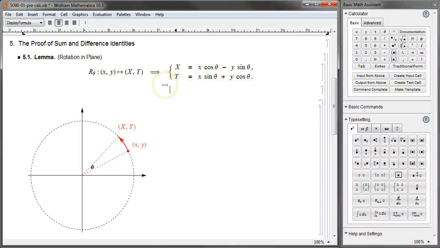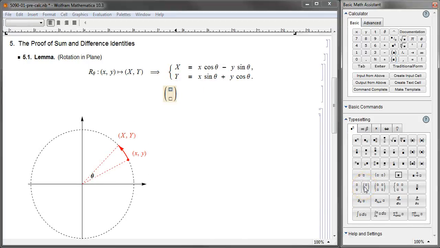Now, if you prefer the matrix expression, then you may prefer this kind of thing. Capital X, capital Y is equal to this matrix, cosine of theta, negative sine of theta, sine of theta, cosine of theta, times the matrix x, y.